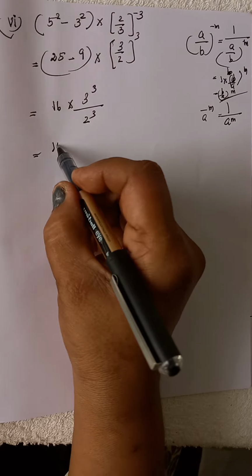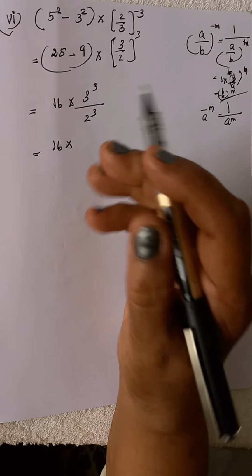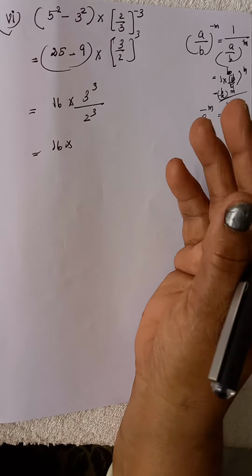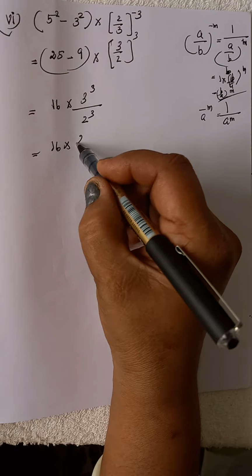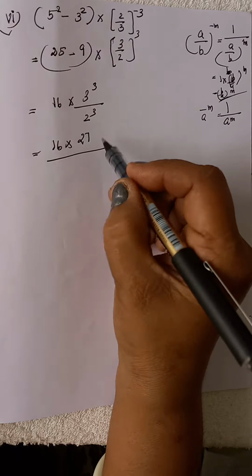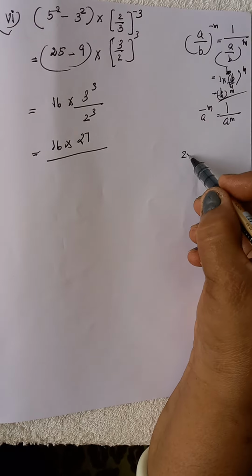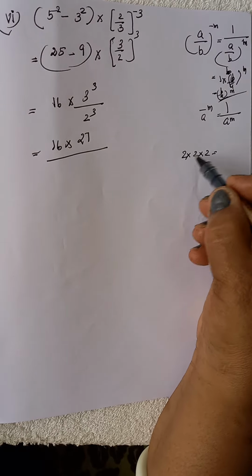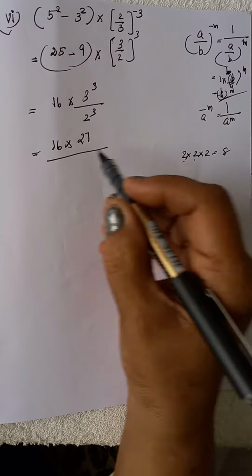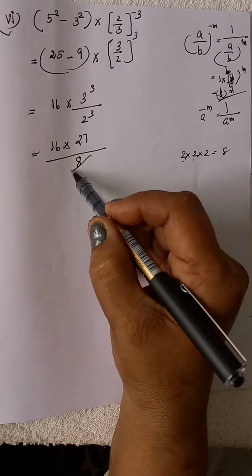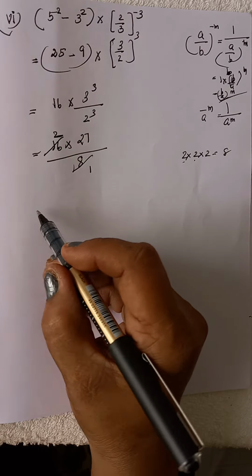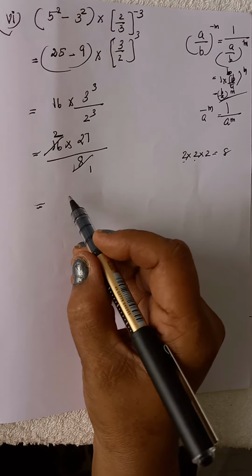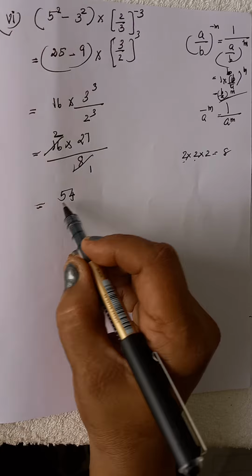That is 16 into 3 raised to 3 is 3 into 3 into 3. That is 3 into 3, 9. 9 into 3 is 27. Divided by 2 raised to 3, 2 into 2 into 2. That is 2 into 2, 4, 4 into 2 is 8. So 8. Now this 8 and 16 can be cancelled. 1 time, 2 times. So the answer is 2 into 27. That is 54.